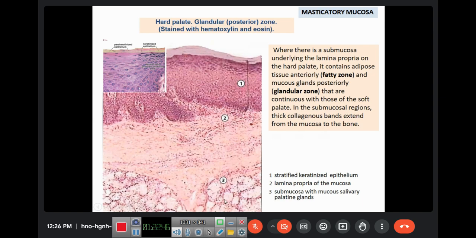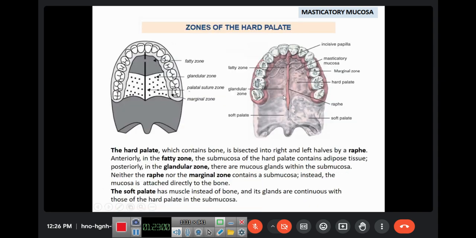And next goes the submucosa with a lot of secretory portions of the mucous salivary palatine glands located in submucosa. This is why this zone is called glandular zone. So it is located here. In submucosa, in glandular zone, we have glands, mucous glands.